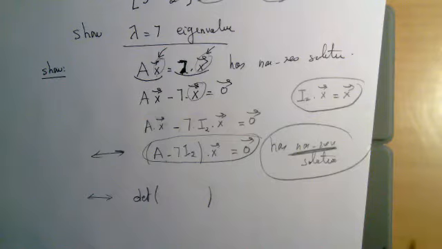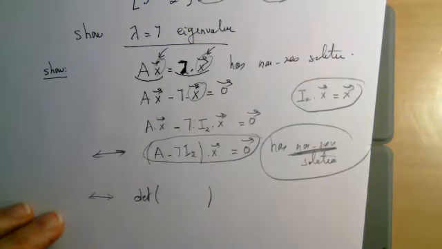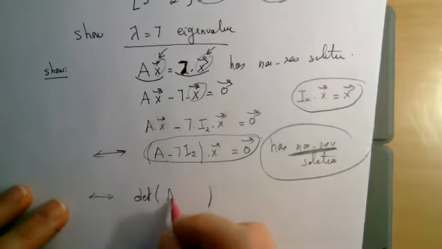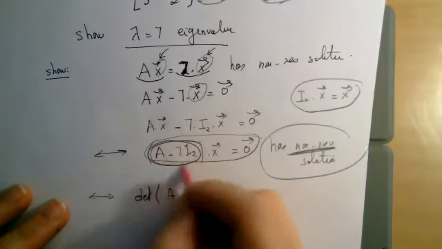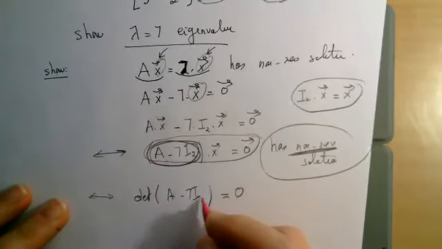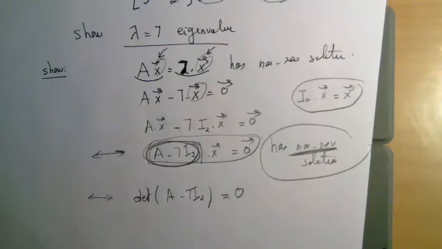Determinant of what equal what? Let me go back to the first thing I said today. And determinant equal to 0, 100% correct. The determinant of this matrix has to be equal to 0.